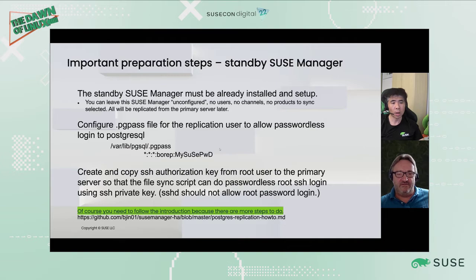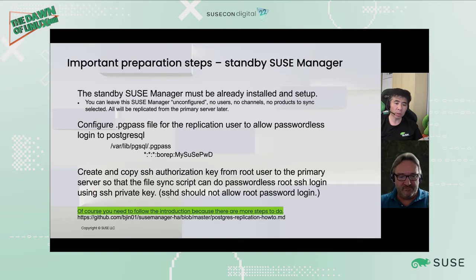Additionally, of course, for the rsync file replication, we also need a passwordless root SSH login. For that, people need to generate root user authorization key pairs and send the public key into the authorized_keys file on the primary server, so that we can log in without a password prompt from the standby to the primary SUSE Manager server.